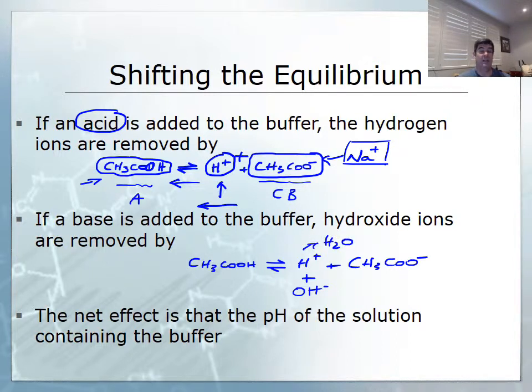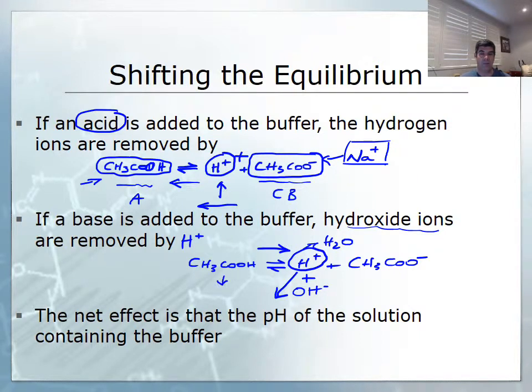That's going to mean that the concentration of hydrogen ions is going to decrease. Now that's the change. That's not the Le Chatelier shift, that's the change. The shift comes in trying to reverse the change. So in this case, if the concentration of the H plus ions has gone down, then the equilibrium is going to shift to the right in order to replace them.